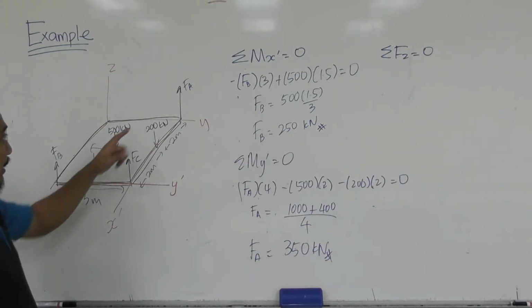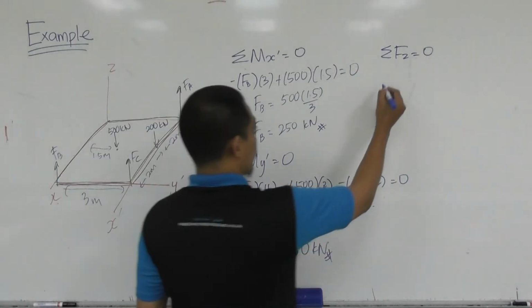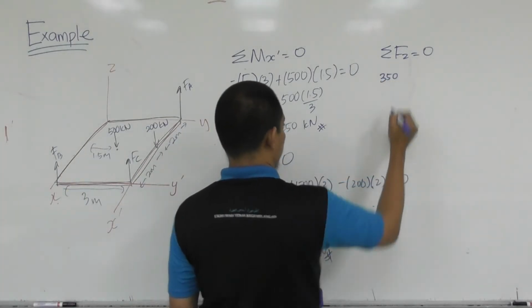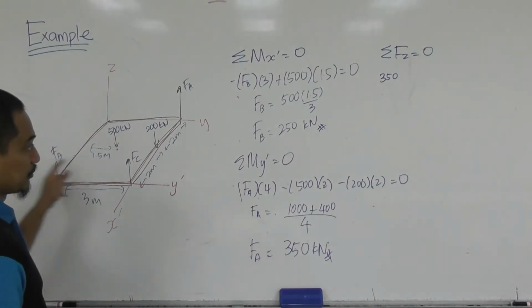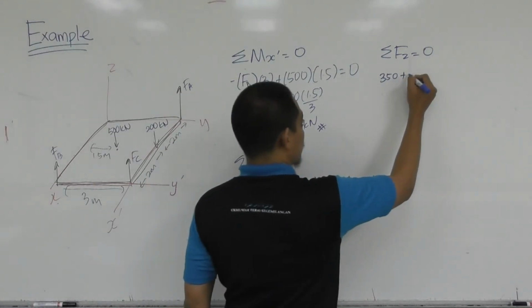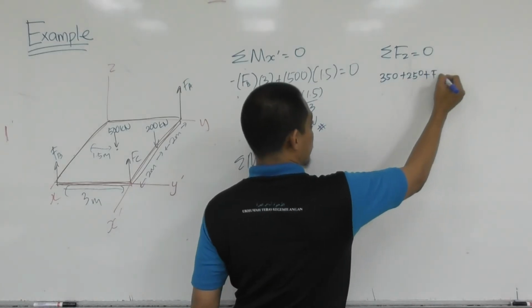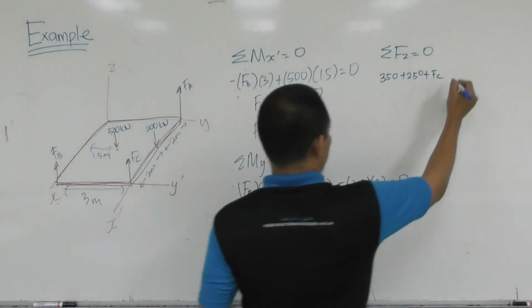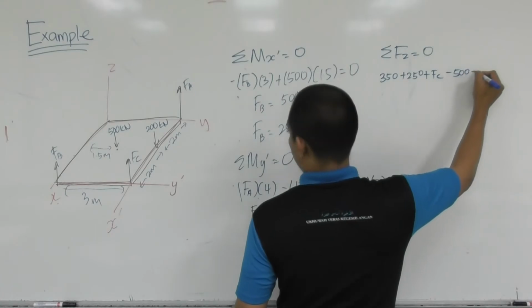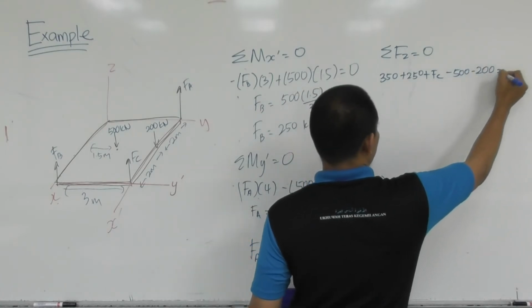After having solved this one, if you go back to the summation of forces in z equal to 0, basically you have FA, which is already known, 350. FB is already known, plus 250. FC is still not known, plus FC, minus 500, minus 200 equal to 0.